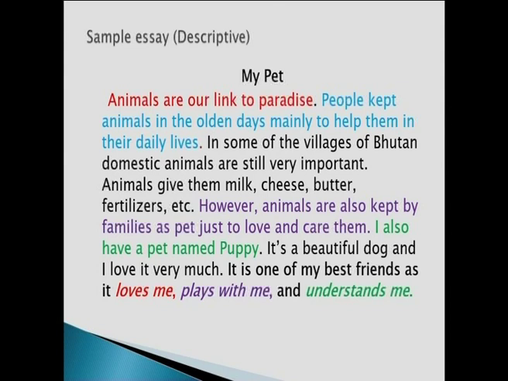So see, you write your opening sentence and then you mention your general idea, then you narrow it down and arrive at a specific idea, and that specific idea helps you to develop your thesis statement. I hope it's clear to you.